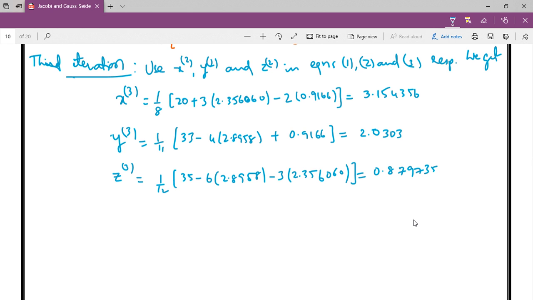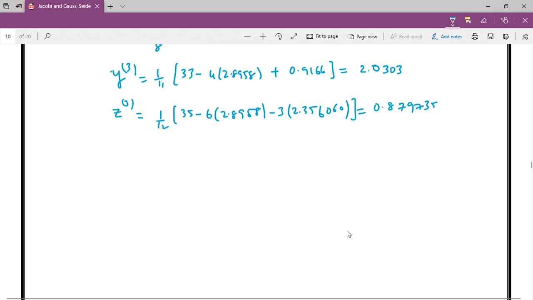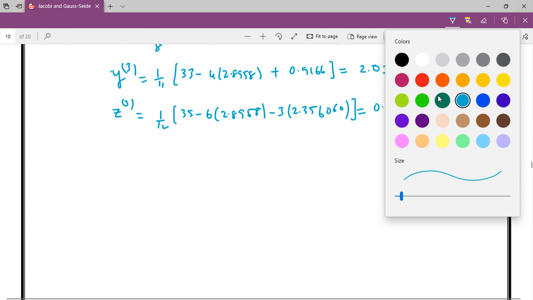For the sake of saving space, we can make a table, as we did in the bisection method or the Newton-Raphson method. So we can make a table of iterations.